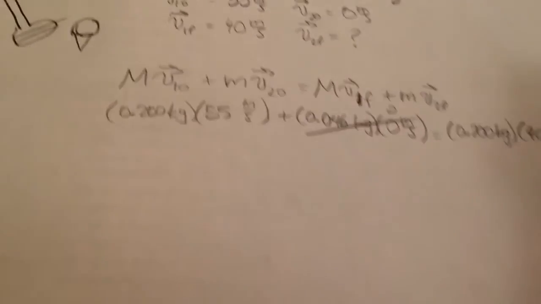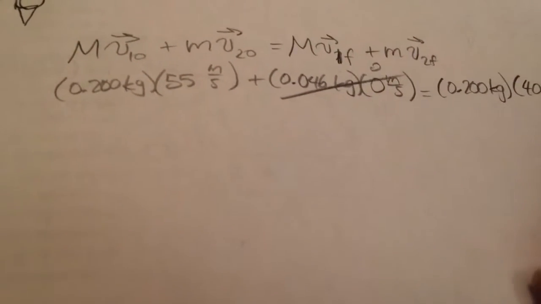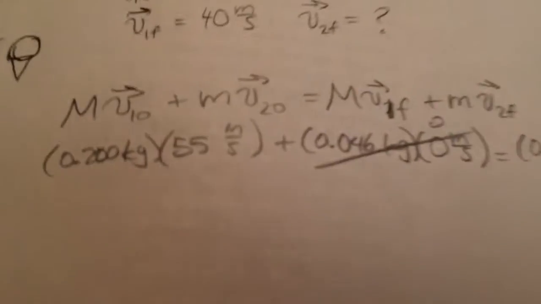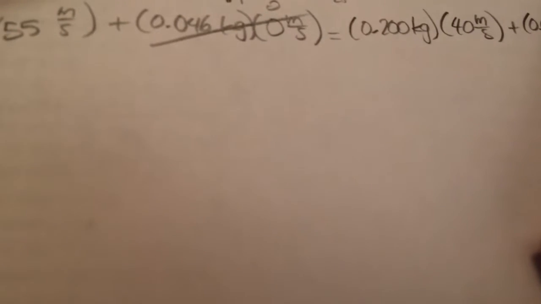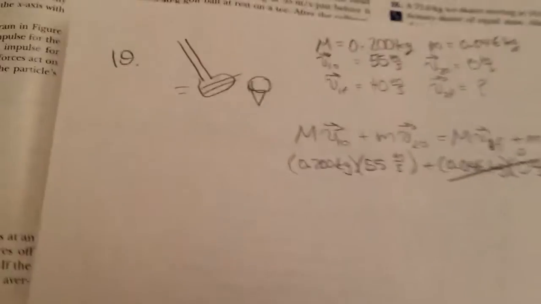And finally, the mass of the golf ball, 0.046 kilograms, multiplied by v2f, our unknown quantity. Now, this is fairly straightforward algebra from here.